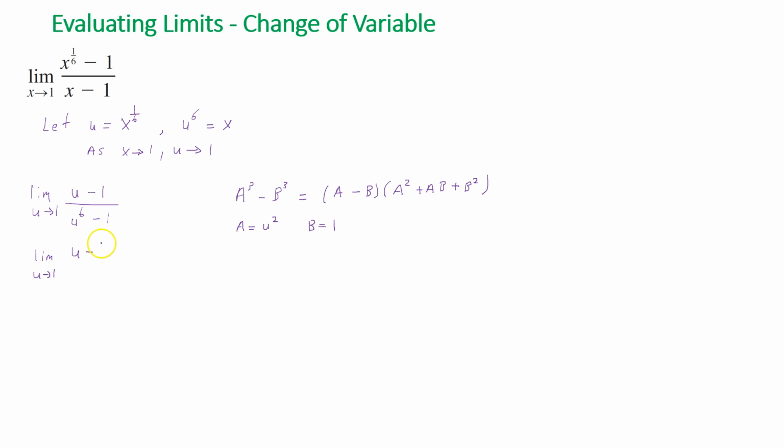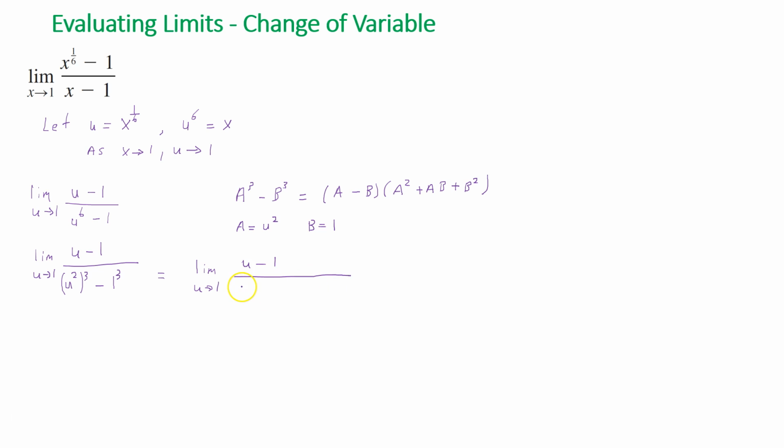as, we still have u minus 1 on top. This is now going to look like u squared to the power of 3 minus 1 to the power of 3, that's still 1. So I'm going to go along and factor this. So equals the limit as u approaches 1, u minus 1 on top.